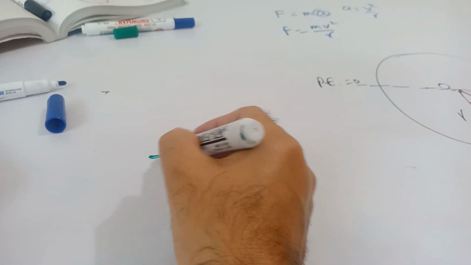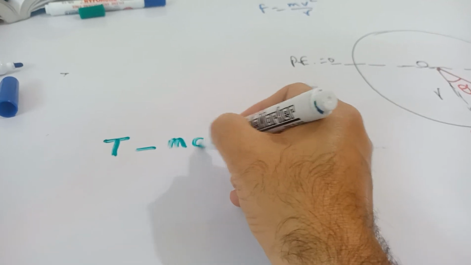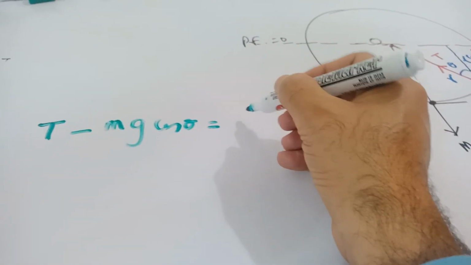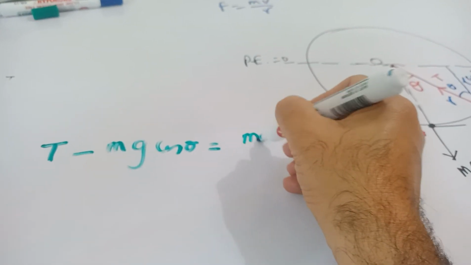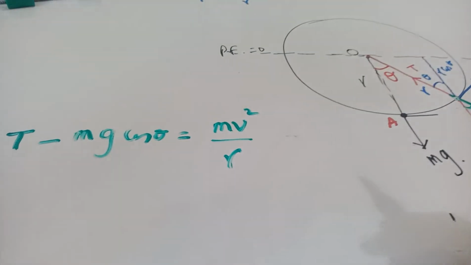Okay, so now I'm going to use that this T minus mg cos theta is equal to mv square over r.